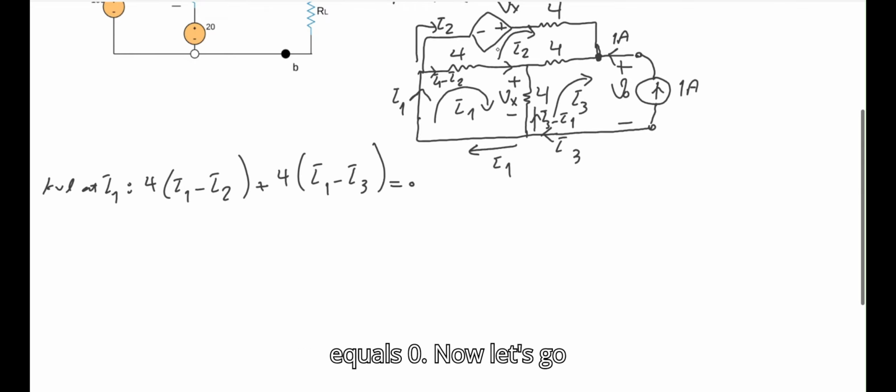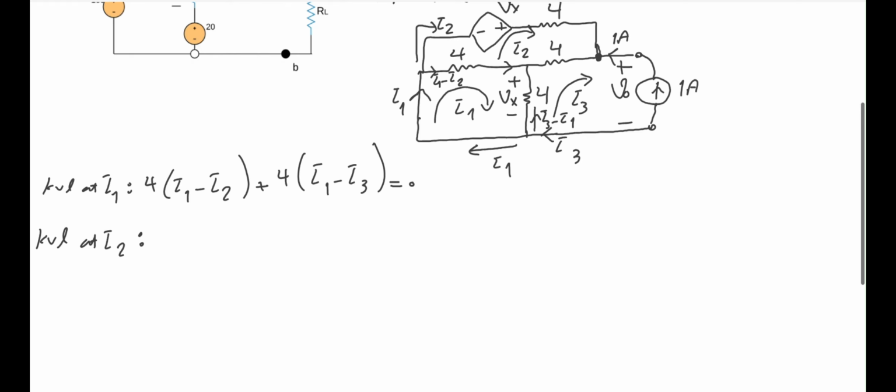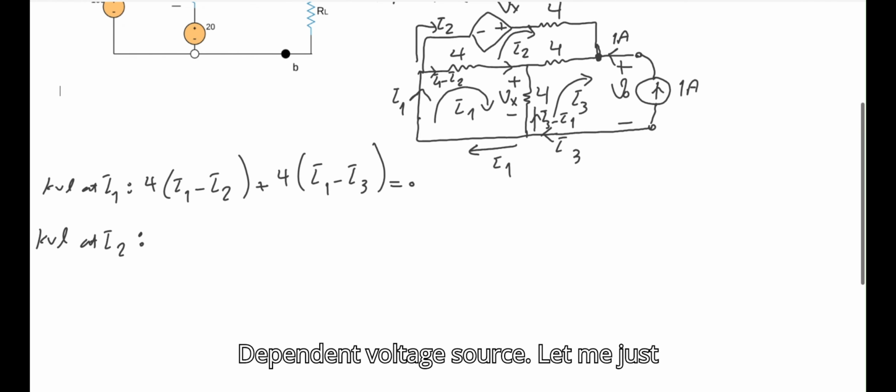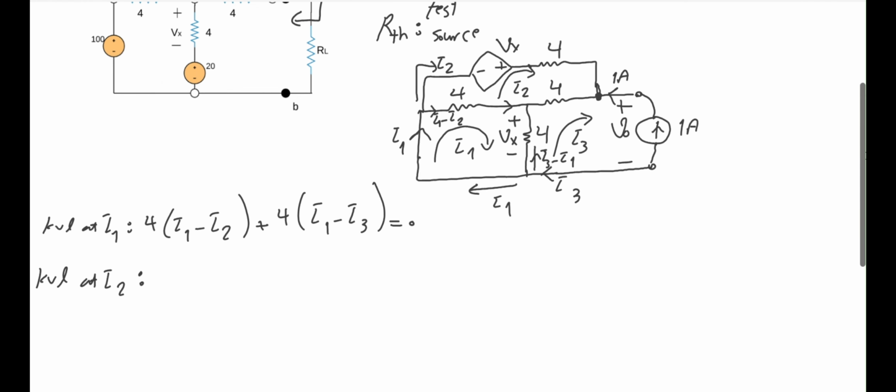Now let's go to loop number 2. KVL at I2, or loop number 2. So this I2 passes through this dependent voltage source. Let me just scroll up a little bit. I can just say minus Vx, which is my dependent voltage source, plus 4 times I2, and then I reach here.